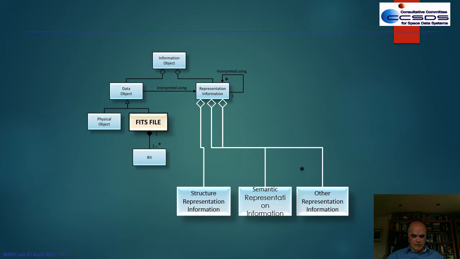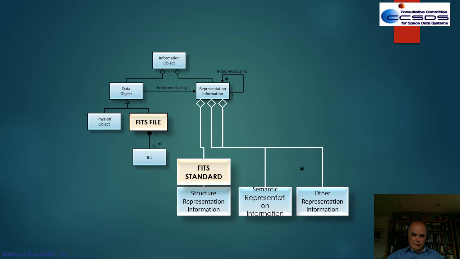Looking at something which is likely to be less familiar to you, FITS is a format which is widely used in astronomy and elsewhere. The digital object here is a FITS file, as you can see, and you can see some examples of the different types of representation information.